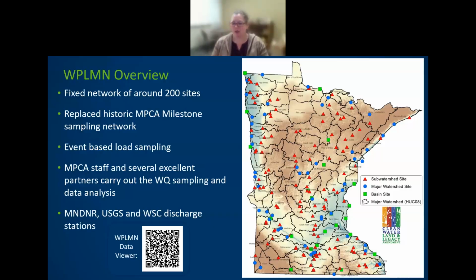If you want, there's a QR code on the screen, but I can share some links for some of these websites as well if you want to look at the data. We do put all of our data online. It's public data. It's there for people to look at, to dig into and understand what's going on with your water around the state in terms of concentration and load.